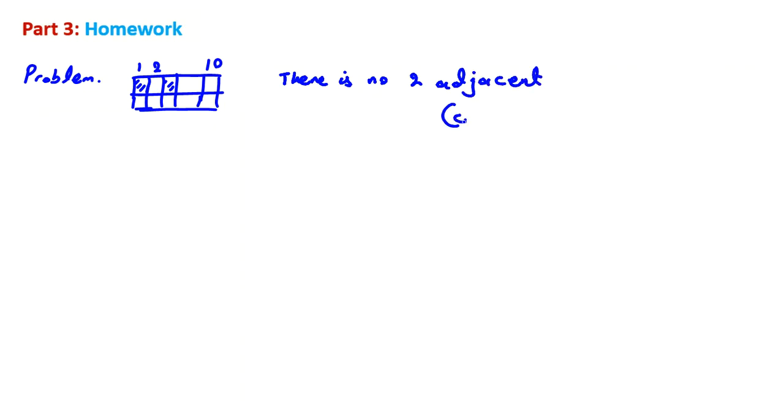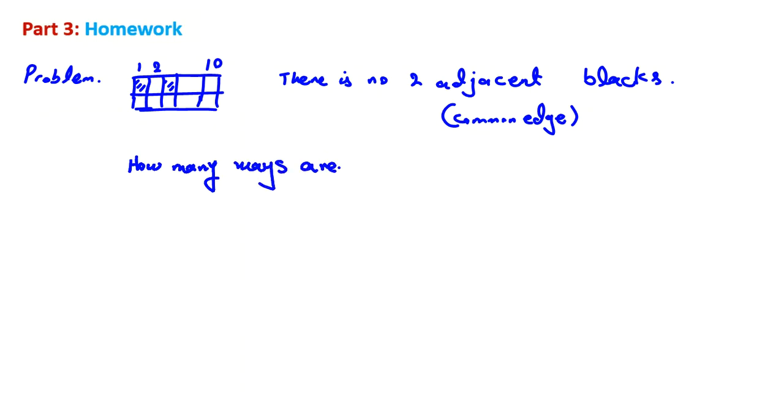Adjacent means common edge. There are no two adjacent blacks. How many ways are there? For example, like what?